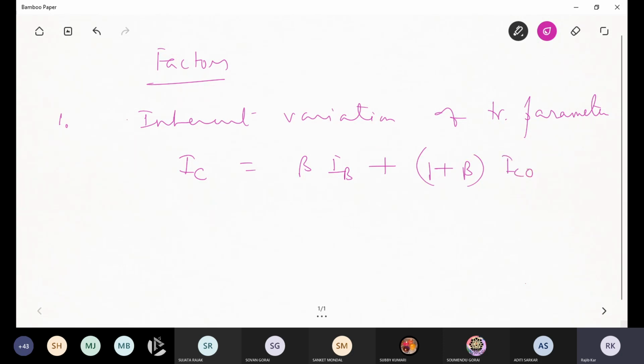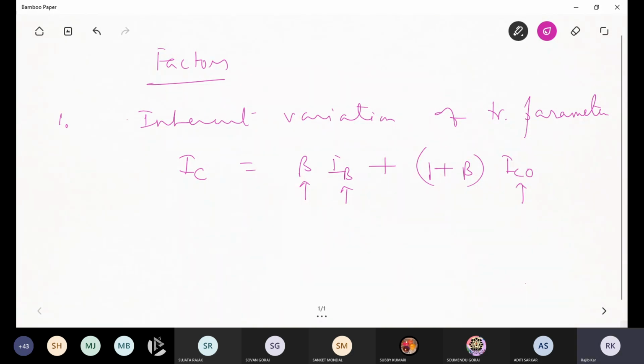So this equation contains three variables: one is beta, one is IB, one is ICO. But all these three variables are found to be strongly dependent upon temperature. If the temperature increases, these variables also increase.